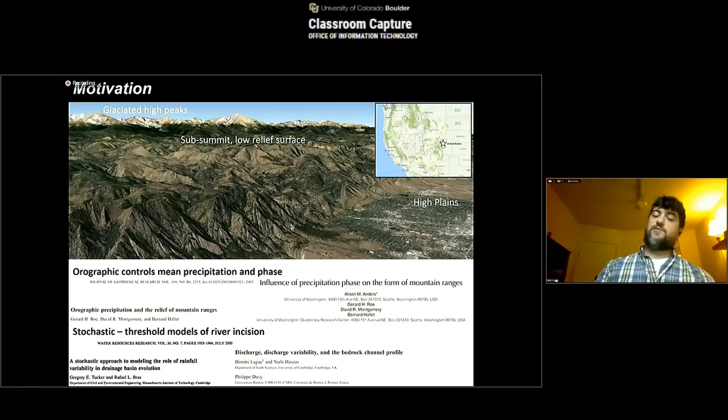And the other thing that's been really revealing is we've started to learn that if we have simple models of river incision that start incorporating some of these stochastic elements, so these random elements, they can make much better predictions of the long-term evolution of river channels. So those are the two big things that have motivated my own research here along the Colorado Front Range.